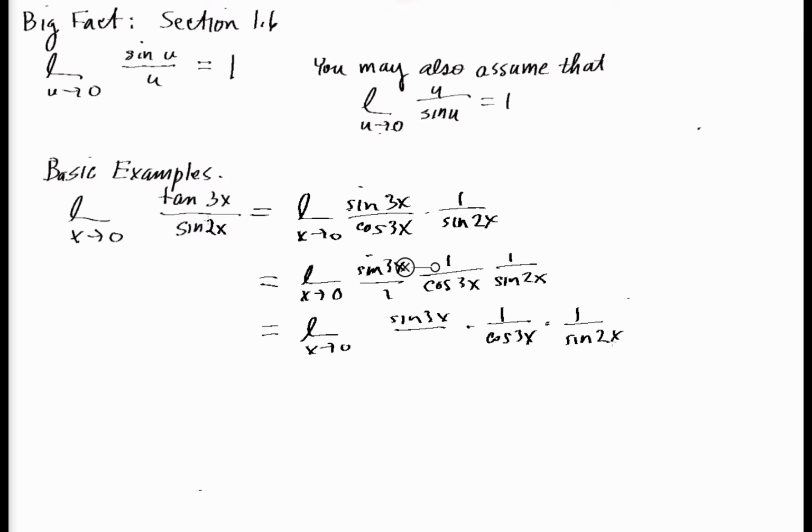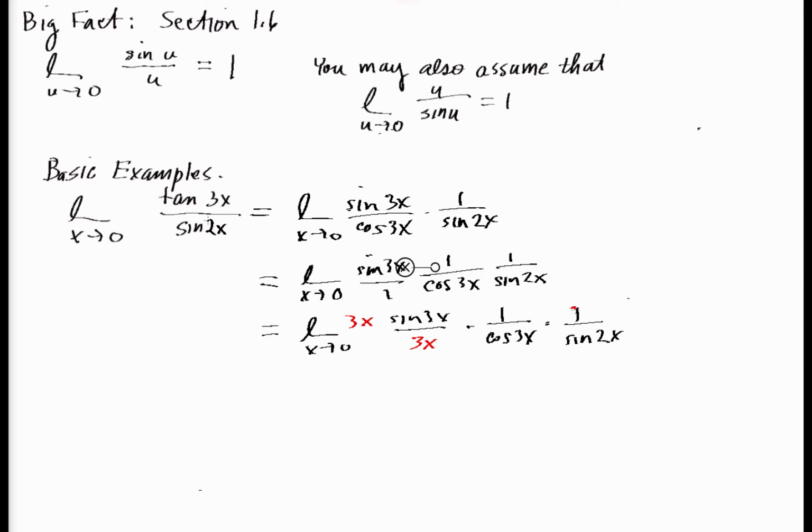As before, we need to modify the factors involving sine so as to be able to actually finish taking the limit of each part. I need to both divide the sine of 3x by 3x and elsewhere multiply by 3x in order to balance the books on that first factor.